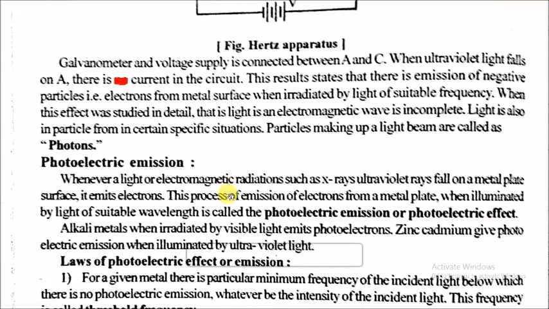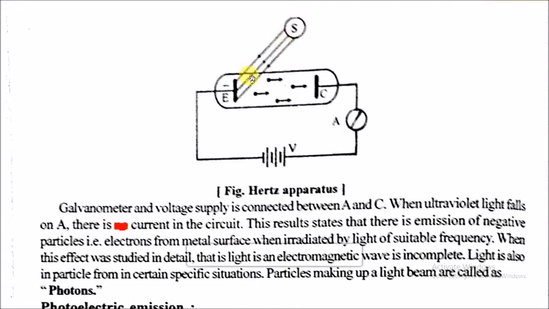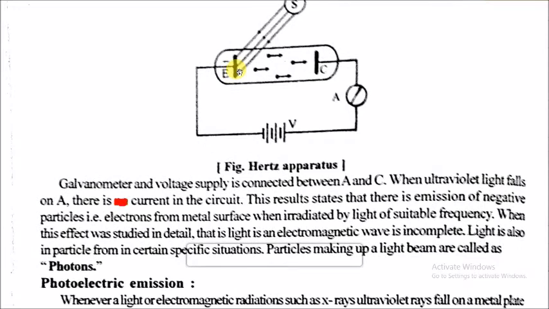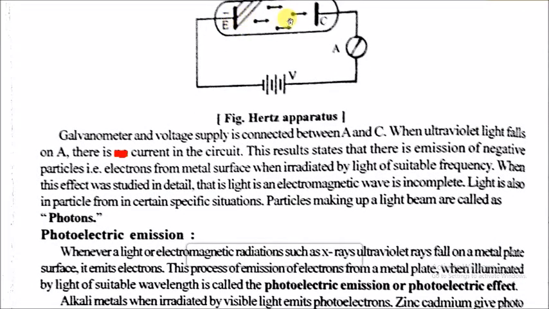So this definition explains that when light with suitable wavelength or frequency is incident on a particular metal, that metal will eject some of its electrons.